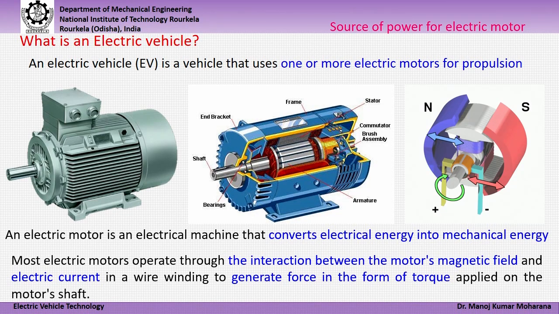So, what happens here is that there is an interaction between the motor's magnetic field and the electric current that flows through the winding, because of which a force is generated in the form of a torque that is applied on the shaft of the motor, which causes the shaft of the motor to rotate.